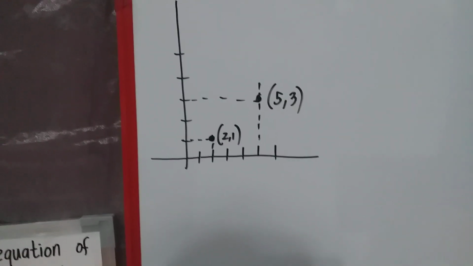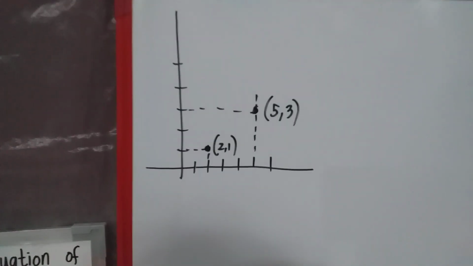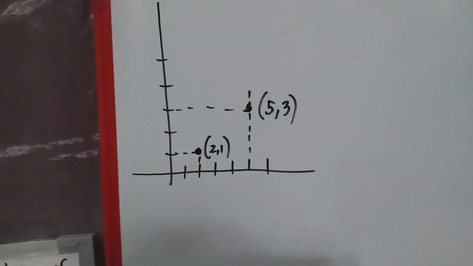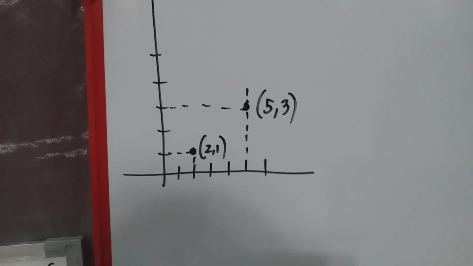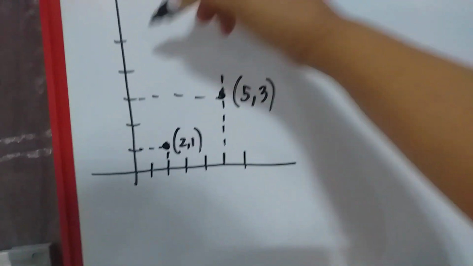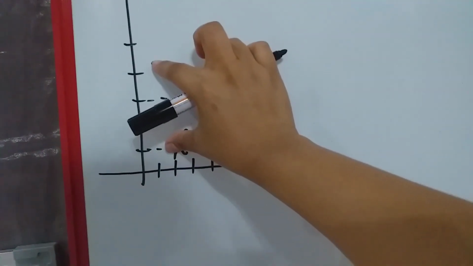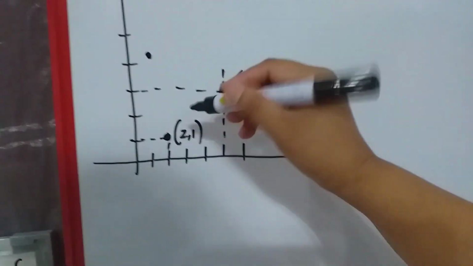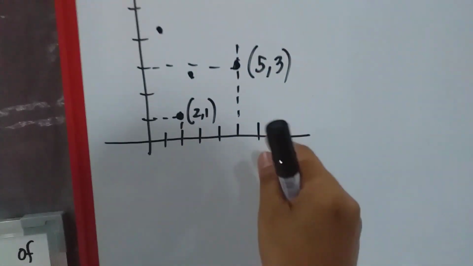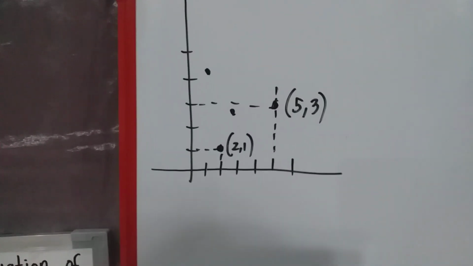So we'll find the equation of the locus of all the points equidistant from these 2 points. If we assume the point that is equal in distance from these 2 points, since this distance is equal to that distance, it's equidistant.